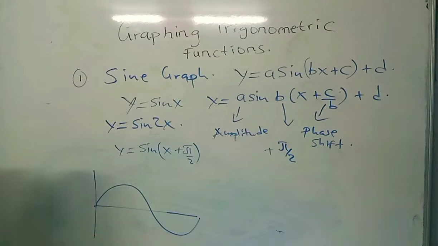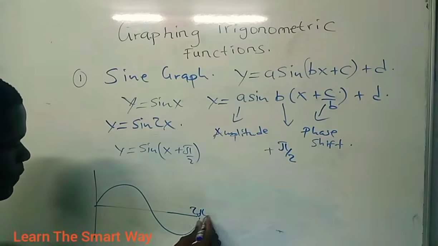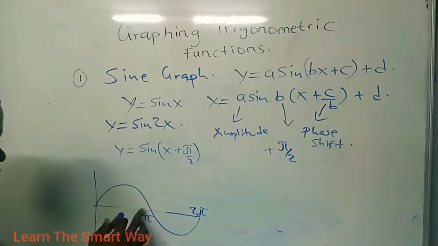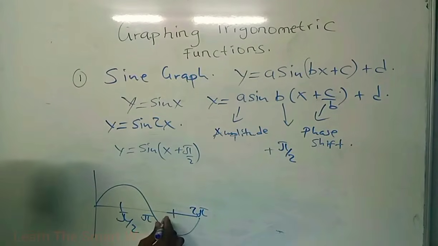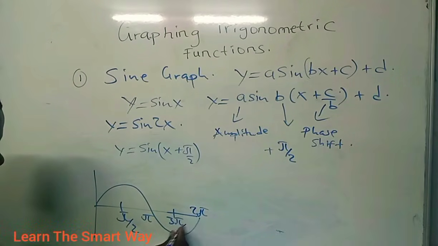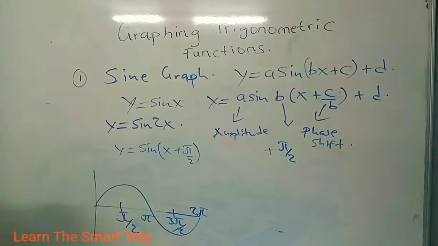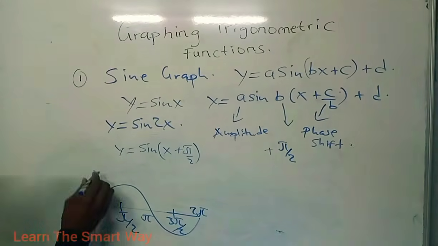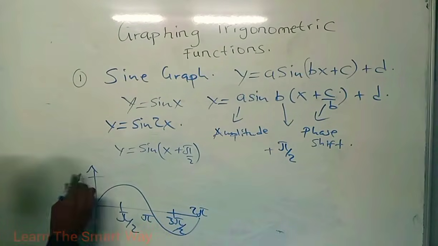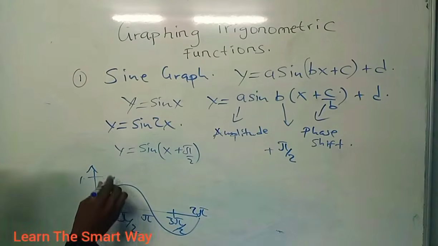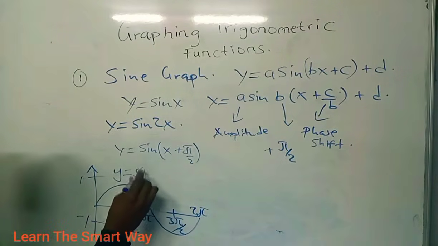It's still 2 pi. So I have 2 pi there. So this is pi. If you divide pi into 2, you have pi over 2. Then now that would be 3 pi over 2. Okay. So this is actually the function y is equal to sine of x.